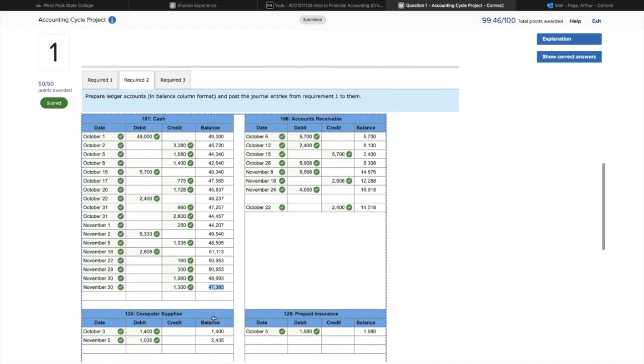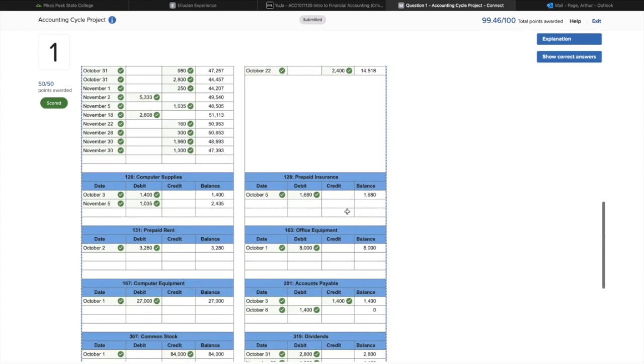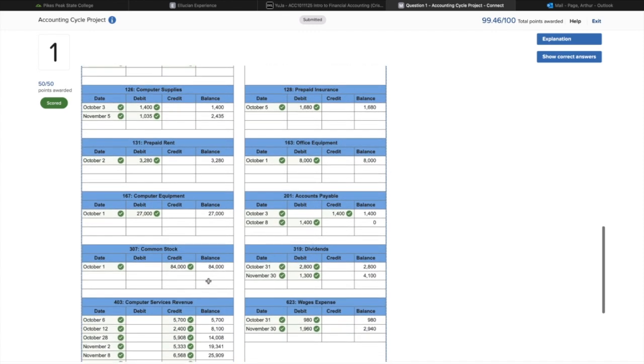For example, cash, we have $47,393. It's also important because it keeps track of all the transactions in separate accounts. A manager can look at this and see when each transaction happened, and it's easy for the business owner to tell what's going on in each account.